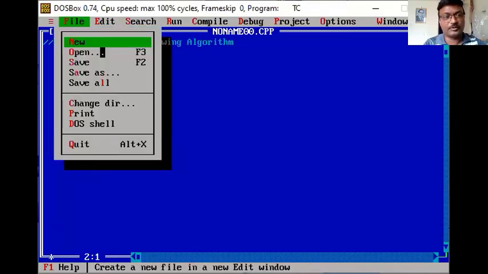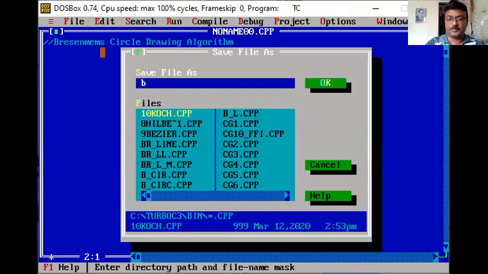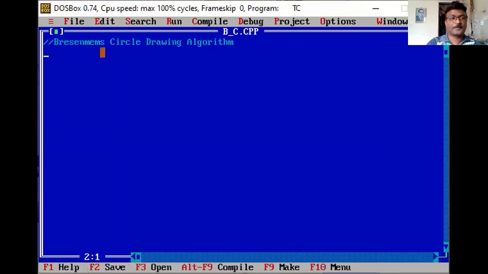Now I have to save it here, suppose as bcircle.cpp. Now first, which file do you have to include? Hash include iostream.h, that is input output stream.